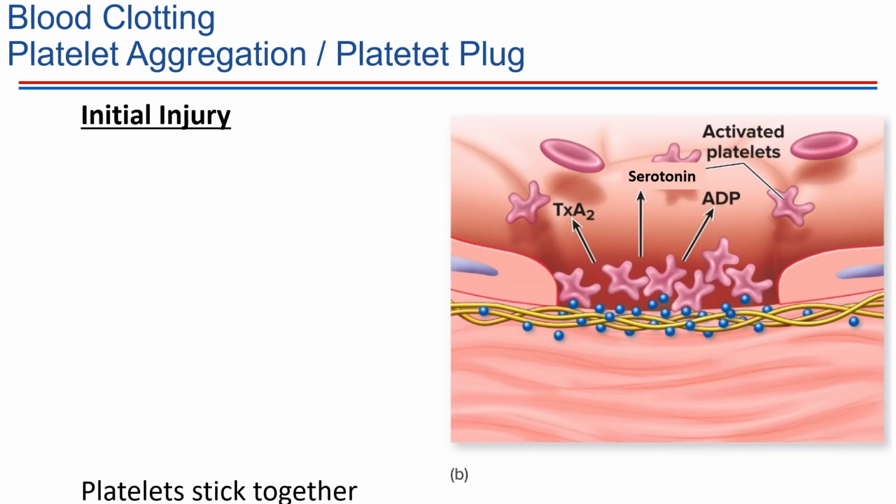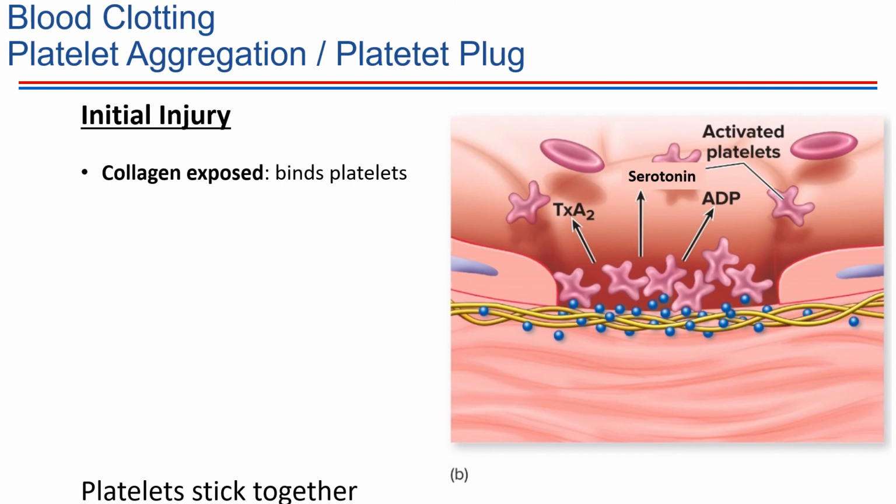Now, when we get an injury, here's what's going to happen. Notice that we lost that endothelial cell. Before we had an endothelial cell here with all those CD39s, but now that's gone because we've just injured it. So what's going to happen is that the collagen down here is exposed because it doesn't have that endothelial lining over it.